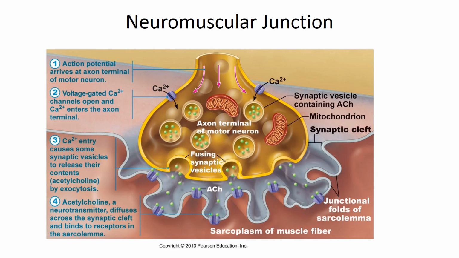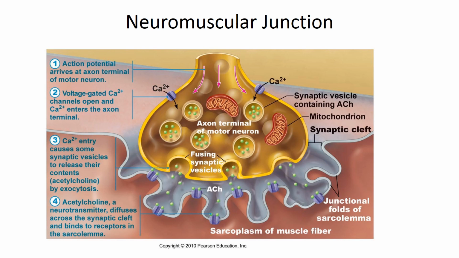So here's a little more detail. The action potential arrives at the axon terminal, voltage-gated calcium channels open, and calcium causes the synaptic vesicles to release their contents, the neurotransmitter acetylcholine, via exocytosis.